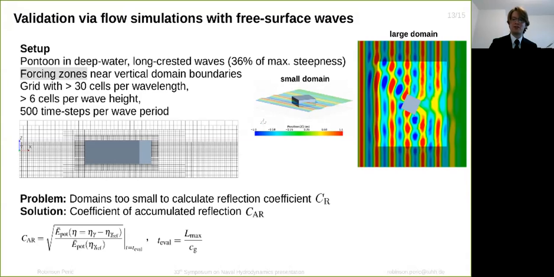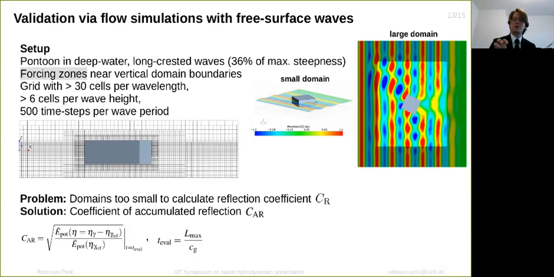You need a reference simulation where the wave reflections are properly minimized. For this, we take a large domain with a very thick forcing zone that is optimized, where one can be sure that reflections will be 1% or less. Then one takes the free surface elevation from this simulation and performs simulations, for example, with a small domain or a not optimally set up forcing zone.